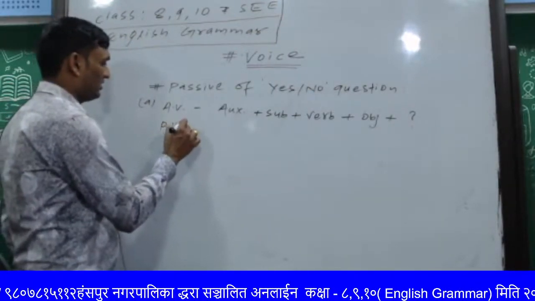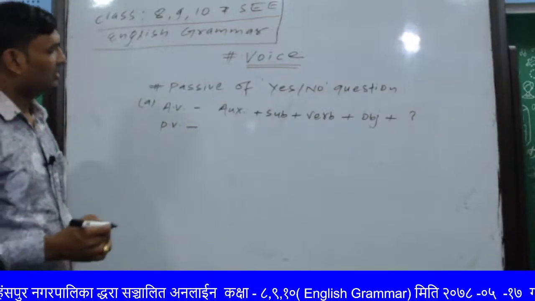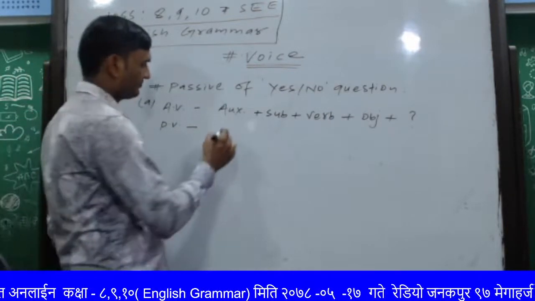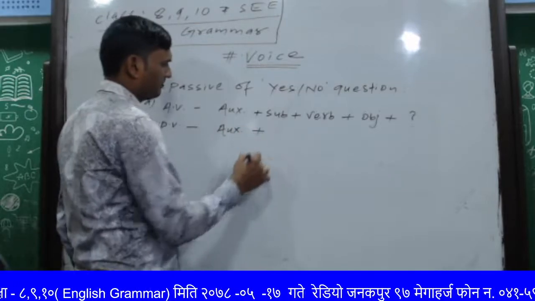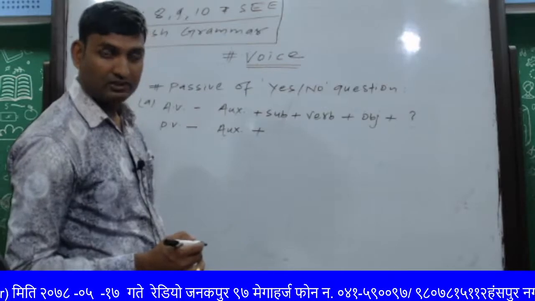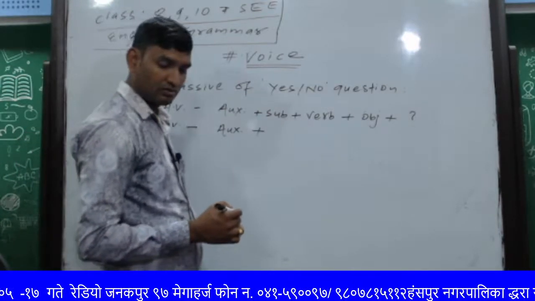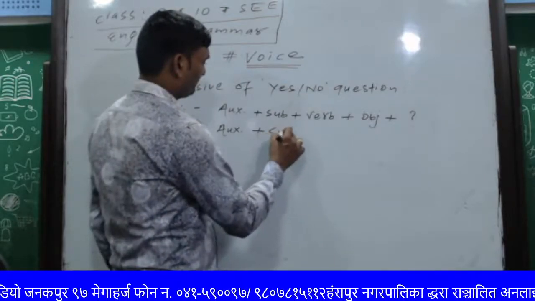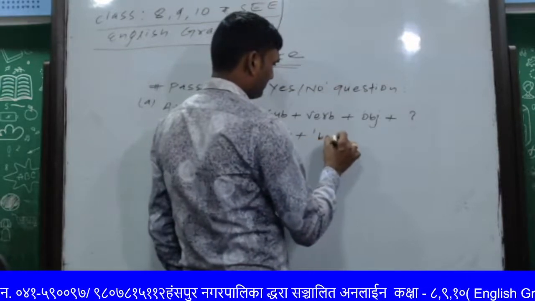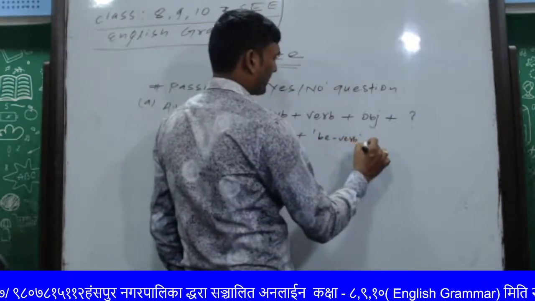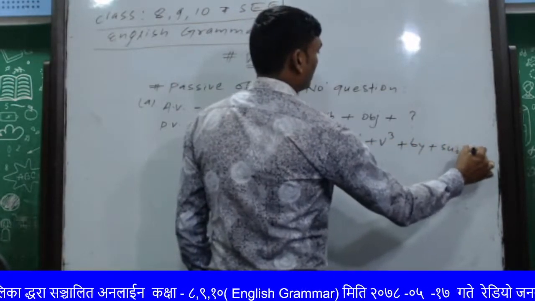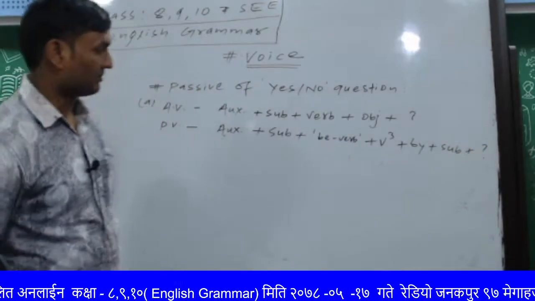So the passive structure of this is here: auxiliary plus subject, then after subject be, it means be verb, then V3, then by subject, then at last question mark.